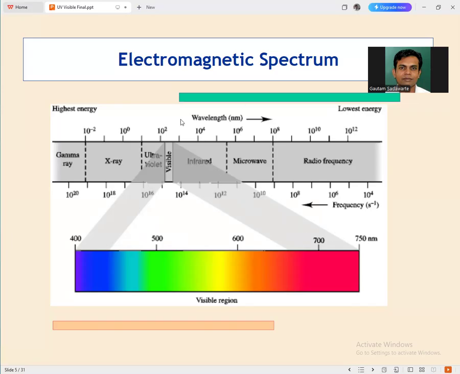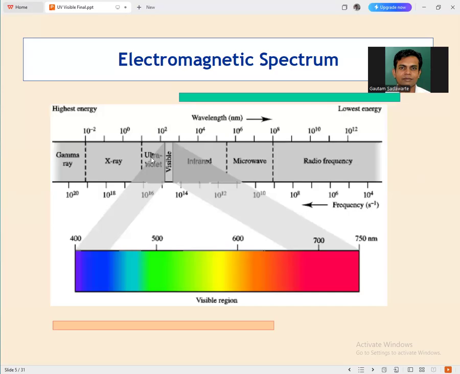After that, the next one is infrared radiation, nearly about 10 to the power 4 nanometers. Generally, in the form of microns, it is 0.5 to 200 microns. So this one is infrared.